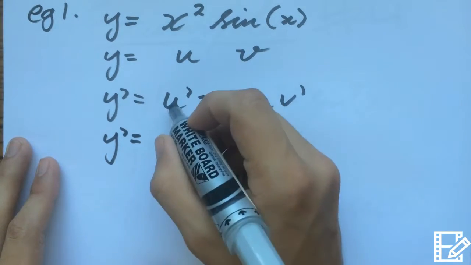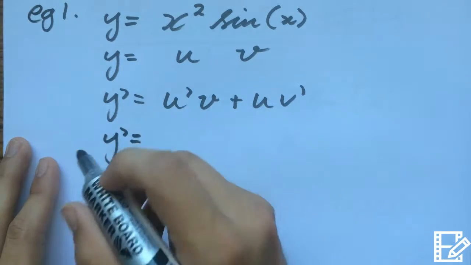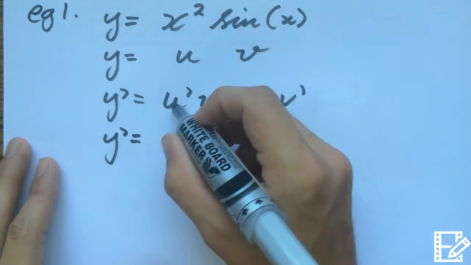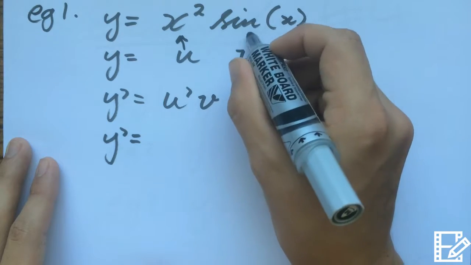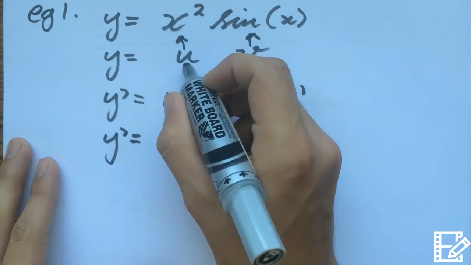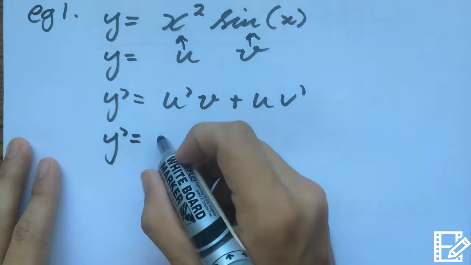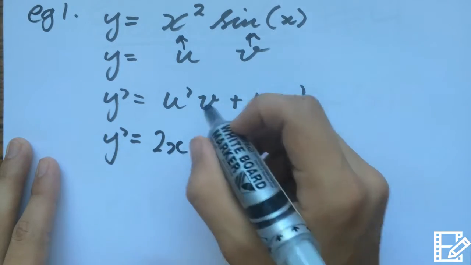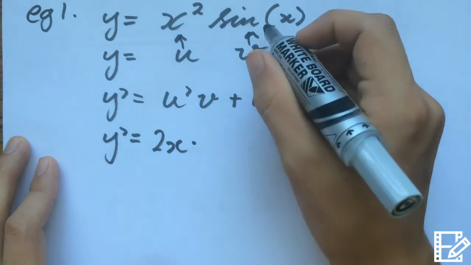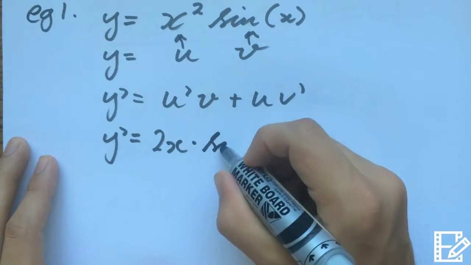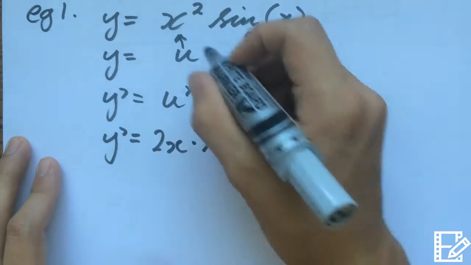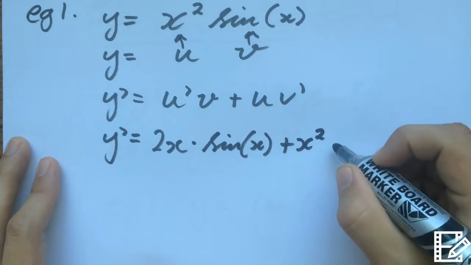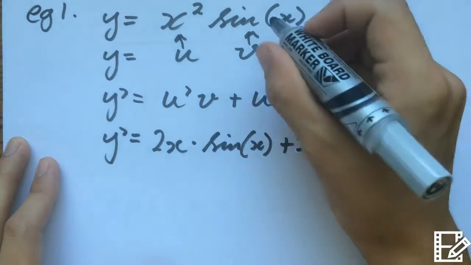So, y dash equals u dash. If x squared is u, then the derivative of x squared would be 2x. Next we have to multiply it by v. V is sine x. Then we add it to u, x squared, and then we multiply that by v dash.